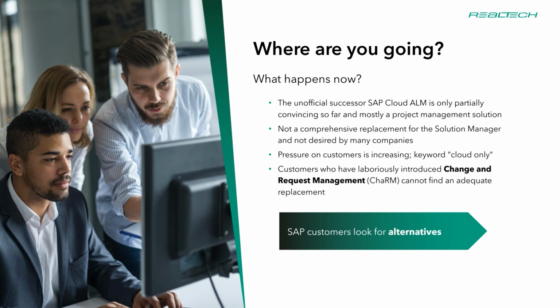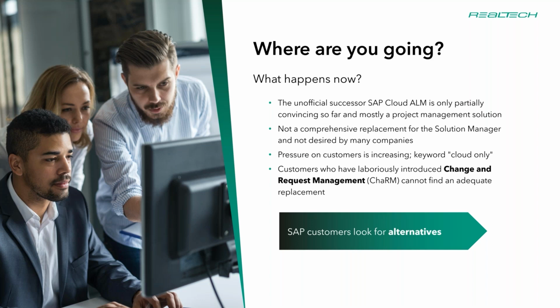And a lot of the customers are getting pressure to do cloud and go cloud only. Customers who have introduced Charm have put time, effort, and money into implementing this in Solution Manager and now have to look for alternatives.